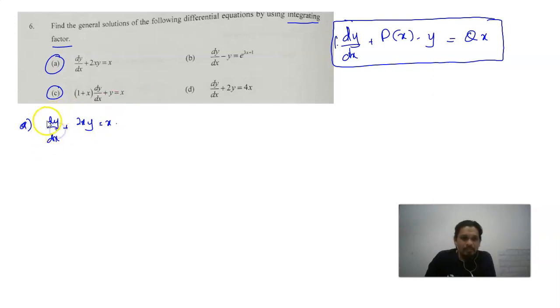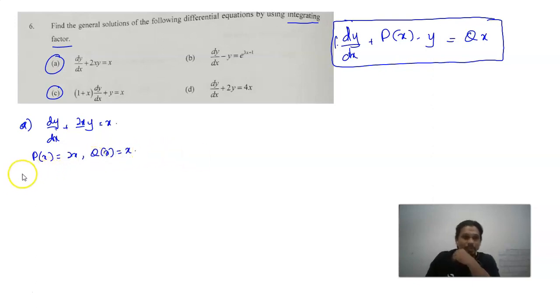Compare the whole equation of A with this form, where the coefficient of dy/dx equals 1. Then 2x multiplied with y, and also Q(x). So this question is already in this form. Now we list down P(x) equals 2x and Q(x) equals x.